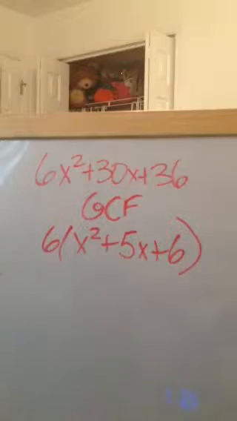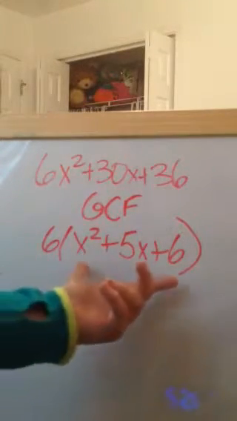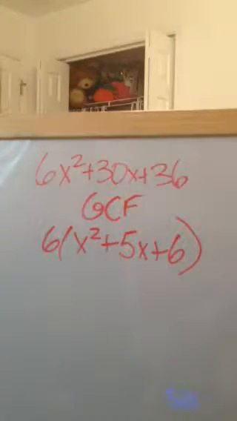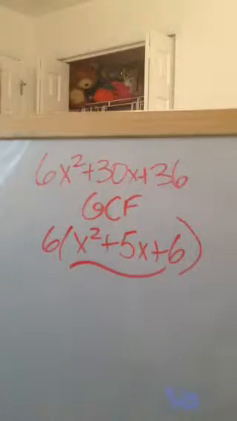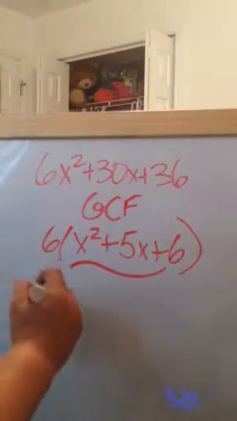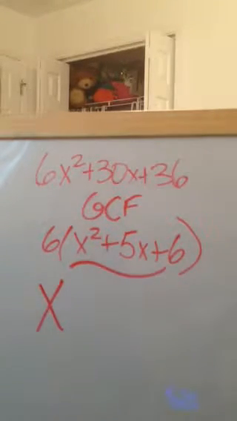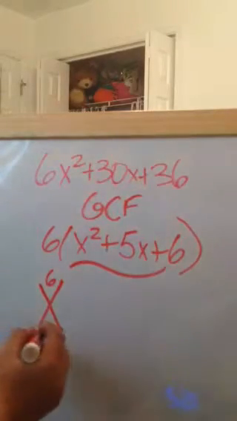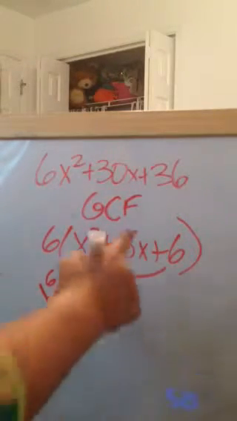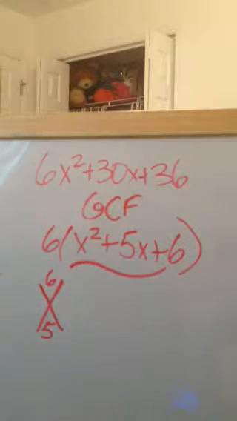Now, as you can see, we've made it so where it's just an easy case trinomial, and we know how to do that. So how we do an easy case trinomial, you can factor it even more by using the diamond method. Diamond method, you put your 6 up top, then you have your 5 down at the bottom, and then you're trying to figure out what two factors of 6 add together to equal 5.